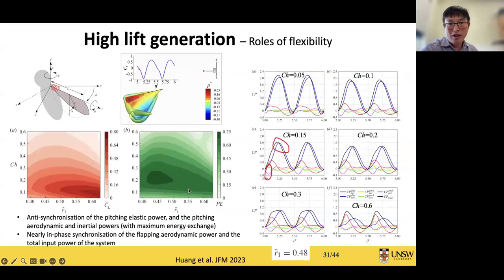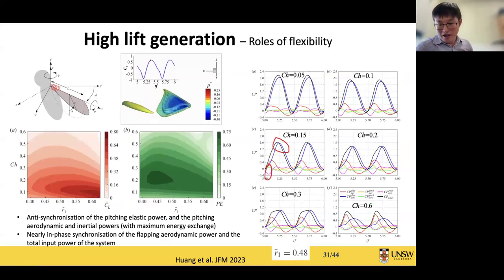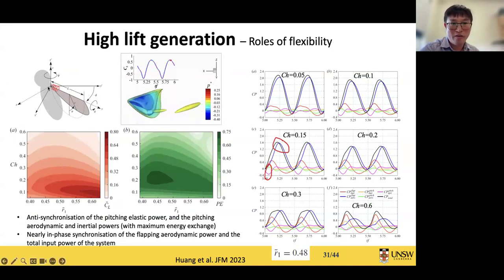All right, so now if we look into the mechanisms of the effects of the flexibility, we use a simplified model and assume all the flexibility is reflected by the torsional deformation, or a torsional spring, on the rotational axis.